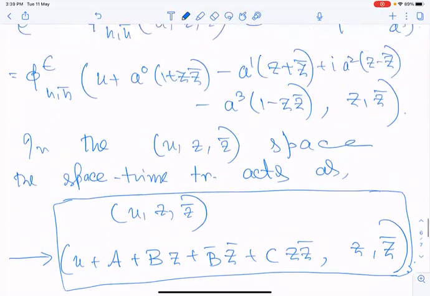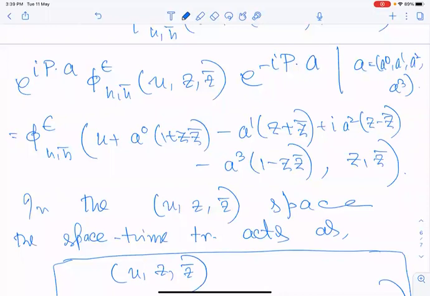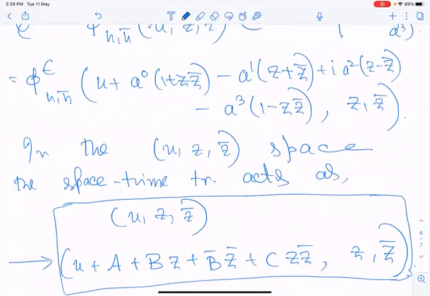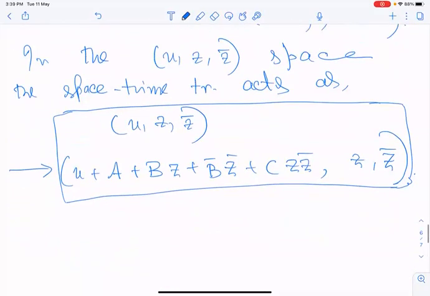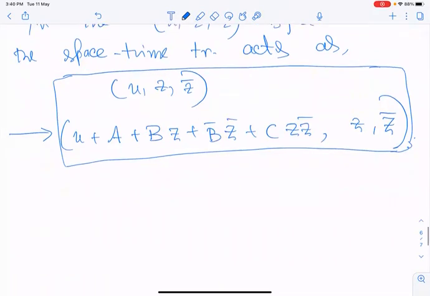I have just redefined this capital A as essentially A0 minus A3 and things like that. Similarly, this C is just A0 plus A3, so that is the coefficient of z z bar. Okay, so you just go to the light cone basis and then simplify. So that is how it acts. So you have u z z bar, and then u shifts by A plus B z plus B bar z bar plus C z z bar, and z z bar will not change.